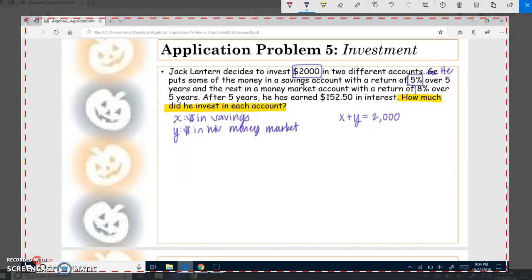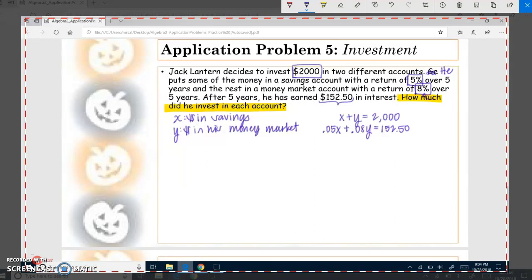The money market earns 8%. So if we think about interest, 5% is going to be of the total amount that he put in. So his second equation should be 0.05x plus this percentage here will be 0.08y is equal to the total amount that he earned in interest, or 152.50.